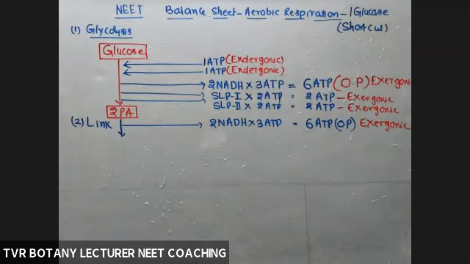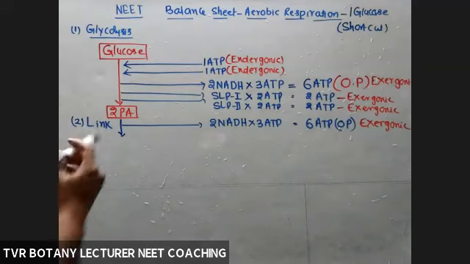So only NADH is produced during that reaction and that is subjected to oxidation during electron transport system. And next, TCA cycle.